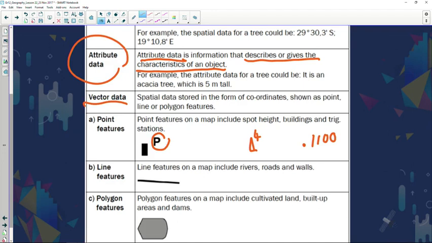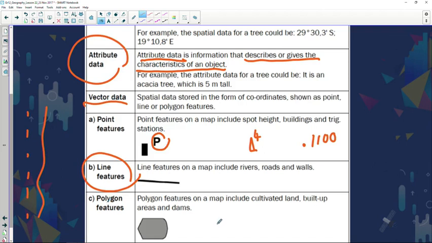Now, vector data can also be line features. If you think of line features, it can be perennial or non-perennial rivers, it can be farm borders, or even transport lines. Polygon features are like cultivated land.